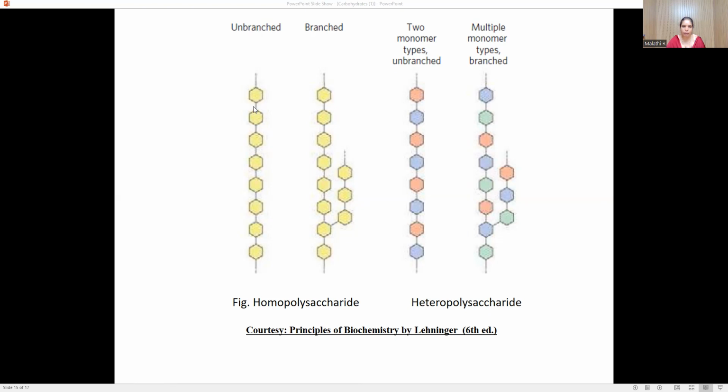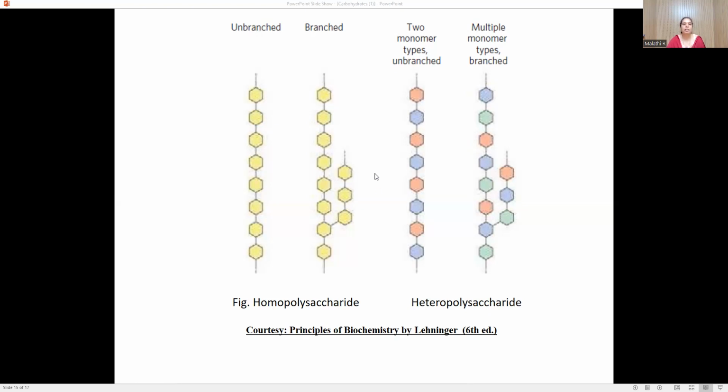Whatever linkage you are seeing, the linear one is a glycosidic linkage and the branch point is also a glycosidic linkage. Most of the time the linear structure is made up of alpha 1,4 linkage, and wherever you have a branching point, it will have alpha 1,6 linkage. The rest of these structures, wherever I'm keeping the cursor, are made of alpha 1,4 linkage itself.